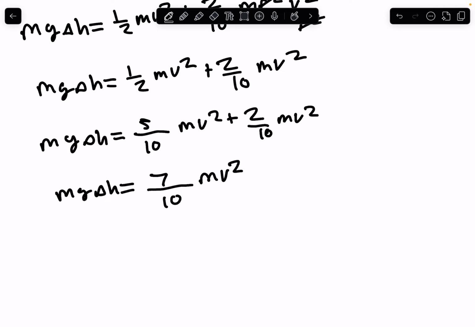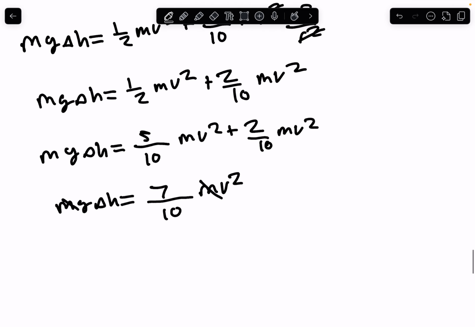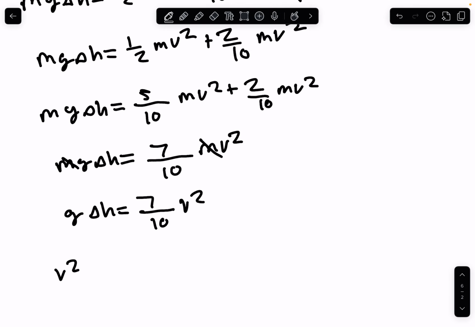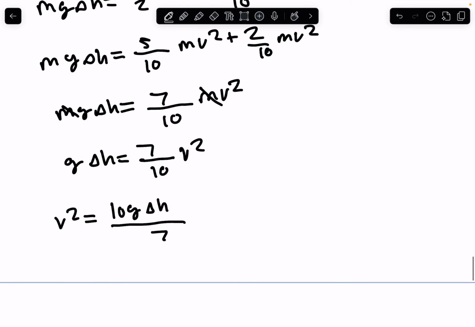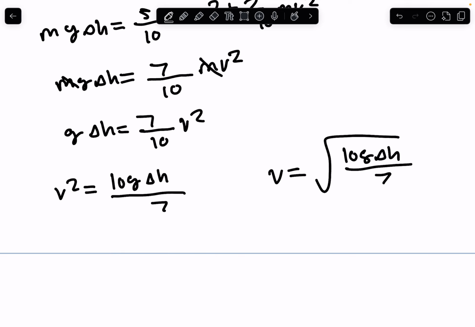Since we have mass on both sides, we can cancel it out. So it's going to be g delta h equals 7 over 10 v squared. Rearranging for v, v squared equals 10 g delta h over 7, and v finally equals the square root of 10 g h over 7, which is what they want us to show in the question.